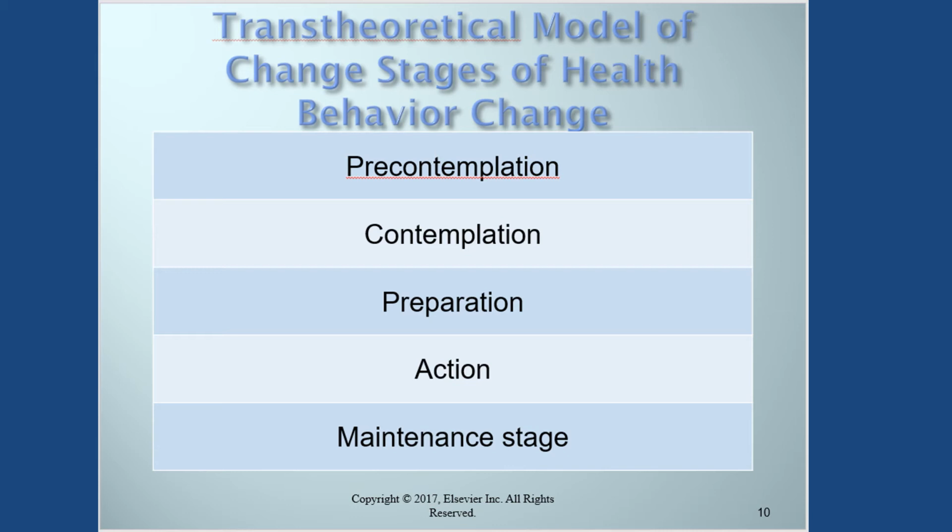These range from no intention to change, which is pre-contemplation, considering a change within the next 6 months, which is contemplation, or making small changes, which is preparation, and then actively engaging in strategies to change behavior, that will be action, to maintaining a changed behavior, which is that maintenance stage.